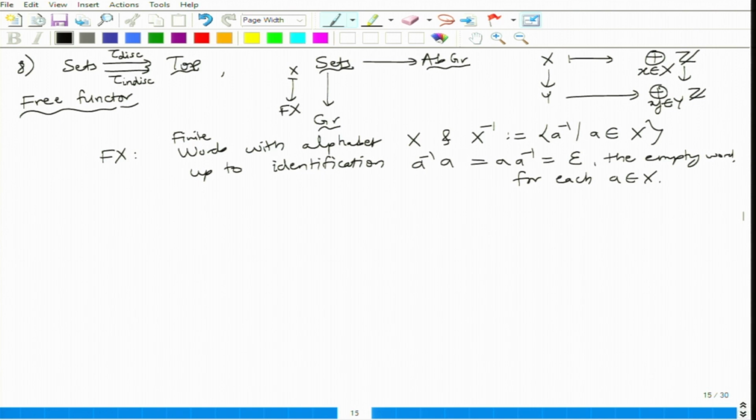If there are some cancellations to happen, then you cancel them out, and whatever is remaining, the reduced word, is your final answer. So that's how both of these are actually functors.